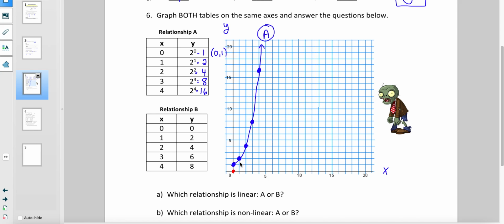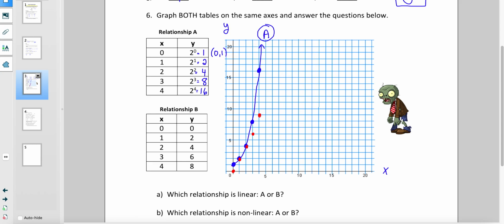So x is here, y, so it's going to be right there. When x is 2, y is 4. So right there. When x is 3, y is 6. So right here. And when x is 4, y is 8. So right here. And what that has actually created is a straight line.